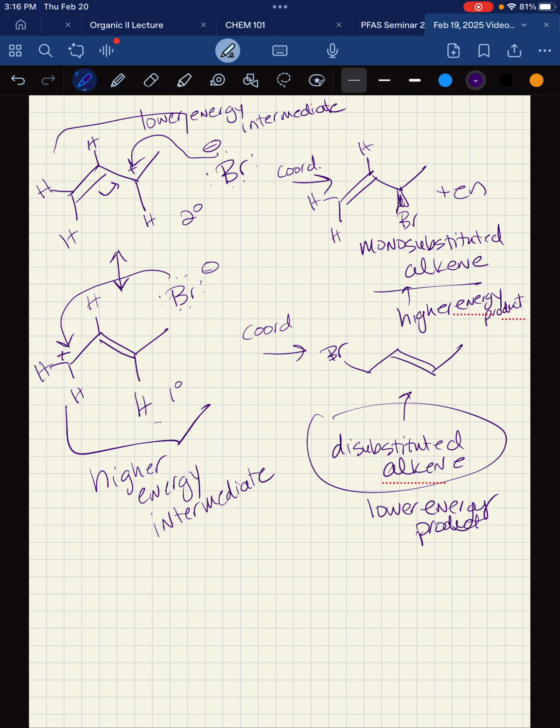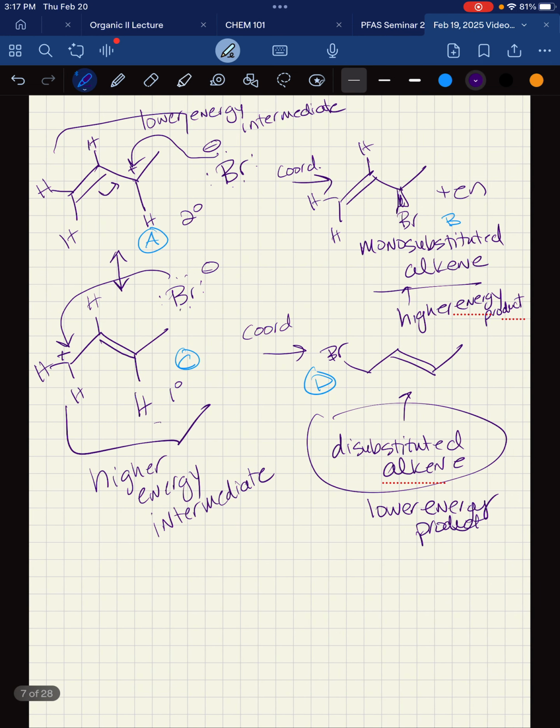Okay, so if we draw this out in terms of the energy diagram to look at where things are, I'm going to put labels on these different intermediates and products. I'm going to call this one A, and this one B, and this one C, and this one D, so we don't have to redraw the structures on the reaction diagram.